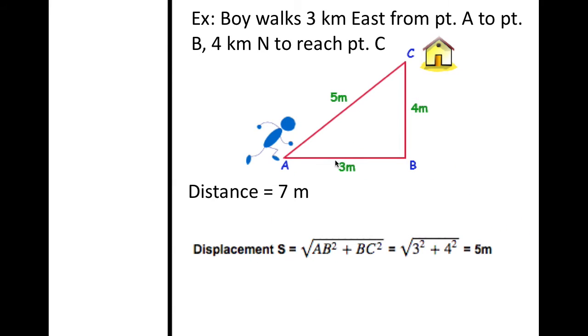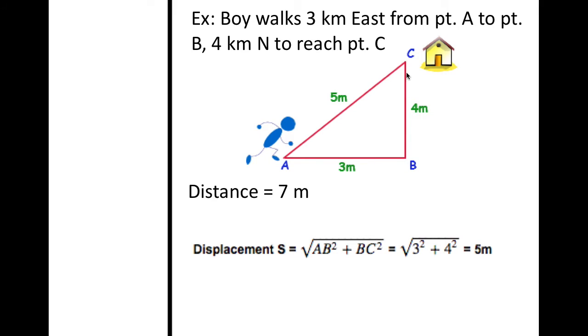Another example is a boy here who is walking from point A and heading east 3 kilometers, or supposed to be 3 meters, and then heads north 4 meters to reach point C, his house. So the distance that the person walked was 3 meters and 4 meters.